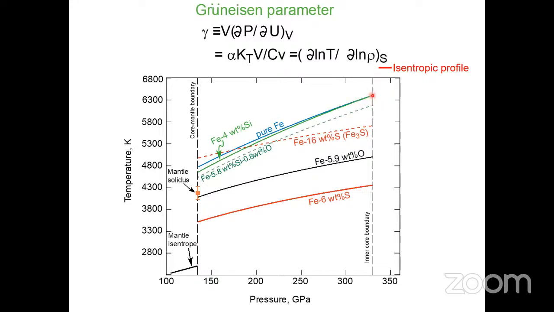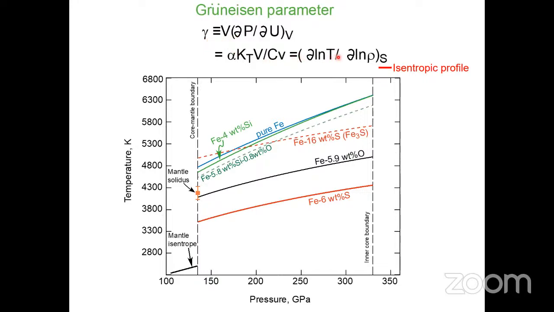In the case of pure iron, the crystallizing point is here. And then we can calculate the temperature profile according to this equation. This is the Gruneisen parameter, and this gamma is not the activity coefficient. Sorry, this is confusing, but this is the Gruneisen parameter.